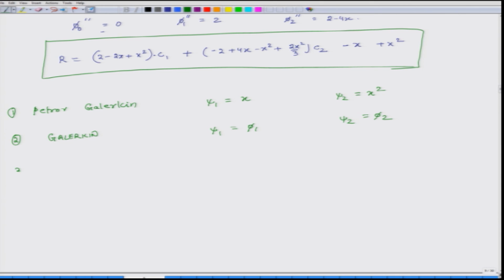Then in the third case, I use the method of least squares, and in this method of least squares, psi 1 equals partial of r with respect to C1.